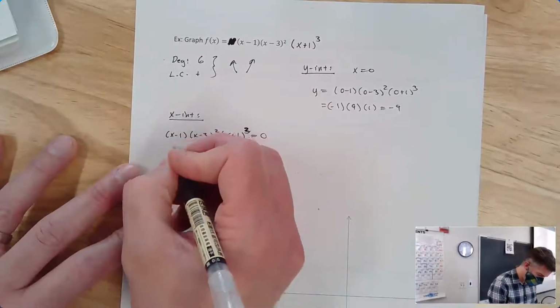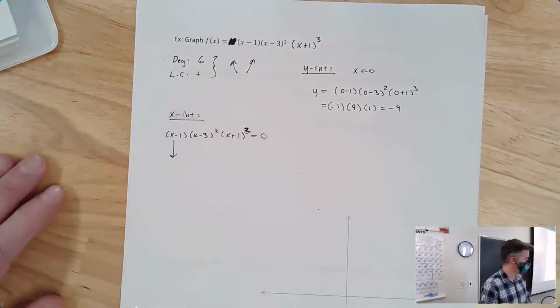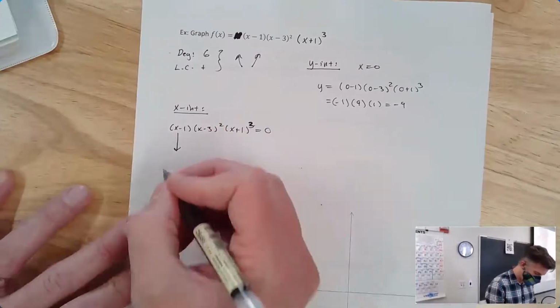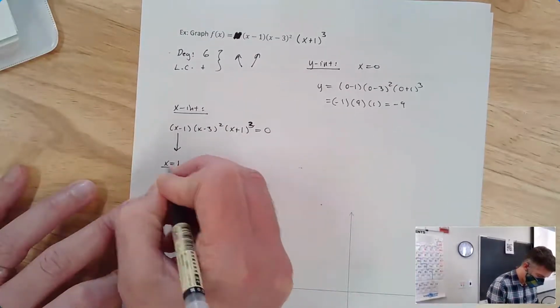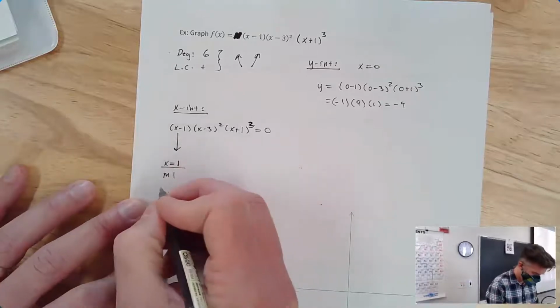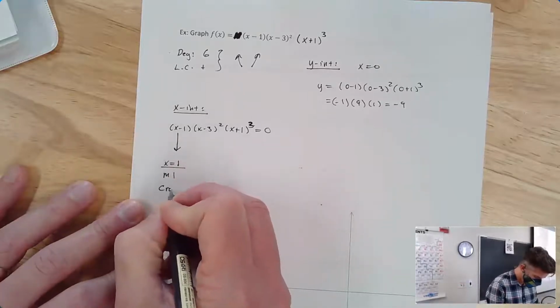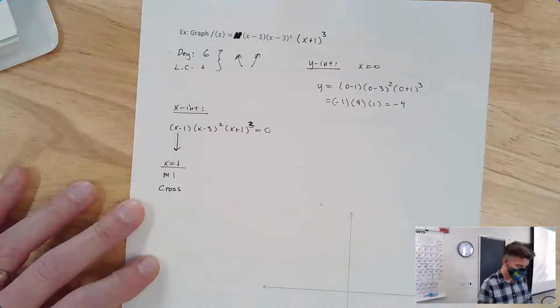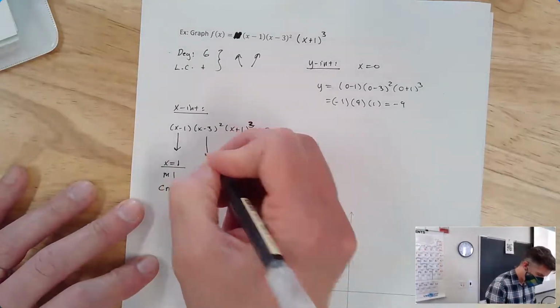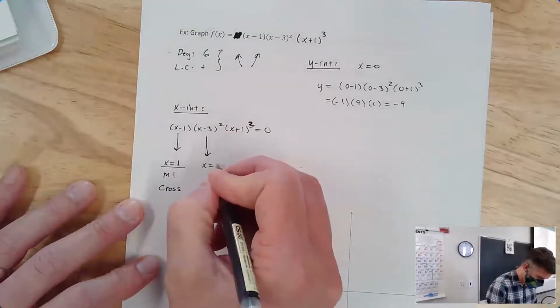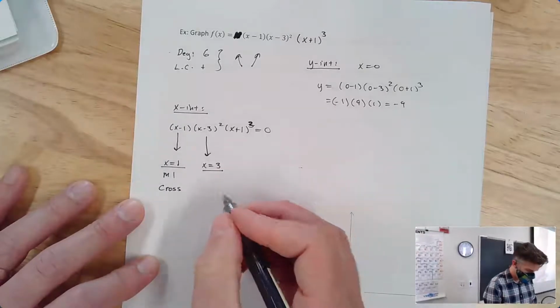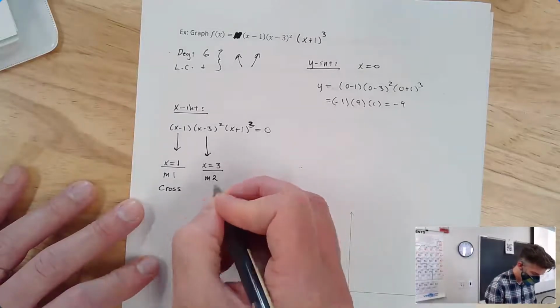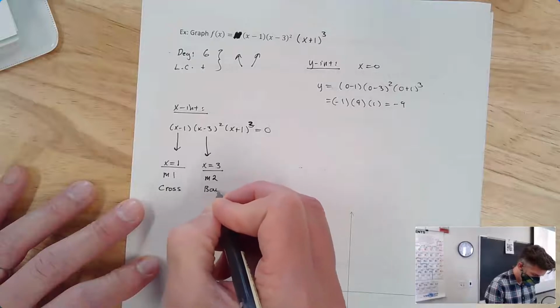From this first factor here, what's the intercept? x equals 1 with a multiplicity of 1, which means it's going to cross because it's an odd multiplicity. And from x minus 3 squared, the intercept is x equal to 3 with a multiplicity of 2, which means we're going to bounce.